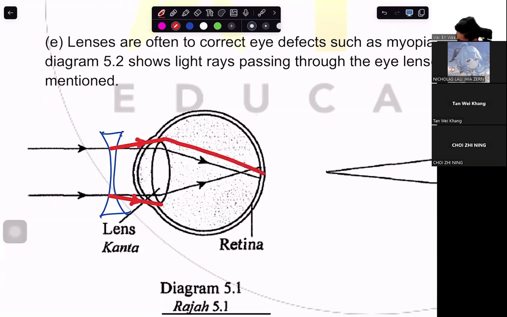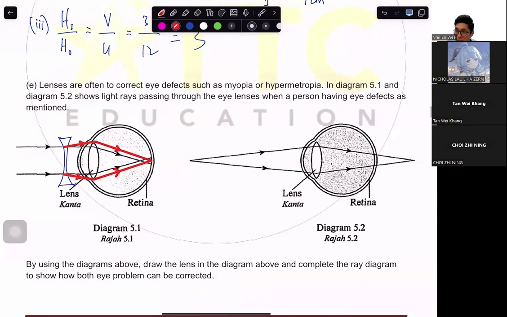And then only it gets focused back in. Then it will land exactly on the retina. You have to draw the lens and also the new light rays.